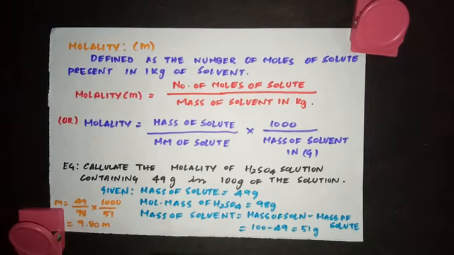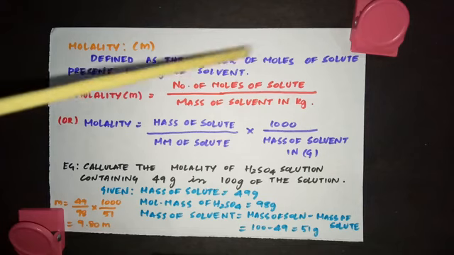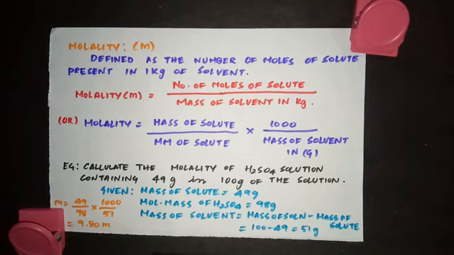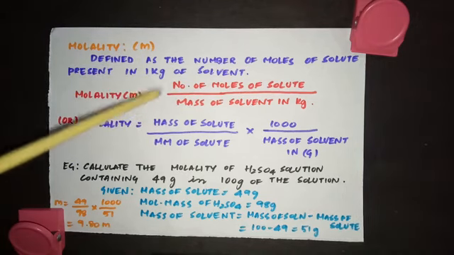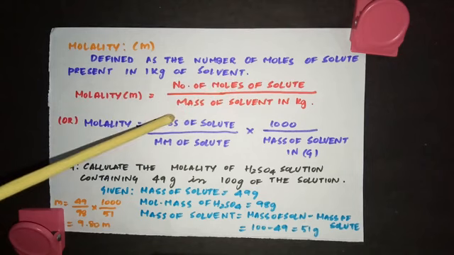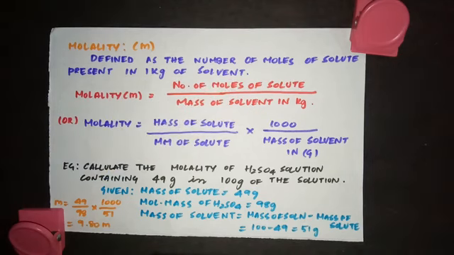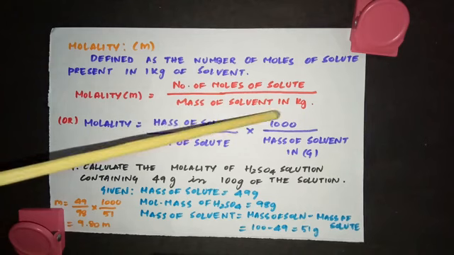In the case of molarity, it is defined as the number of moles of solute present in 1 liter of the solution, whereas here it is present in 1 kg of the solvent. So molality is equal to the number of moles of solute divided by the mass of solvent in kg. Solution is different from solvent. When we say solution, we are talking about both solute and solvent. Here we are talking about only solvent.